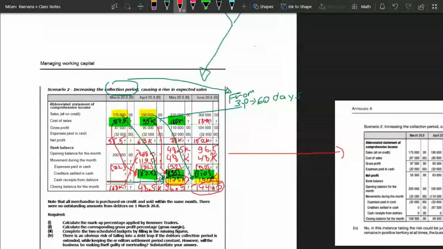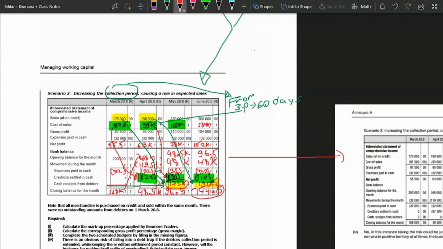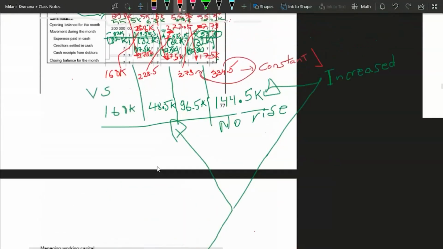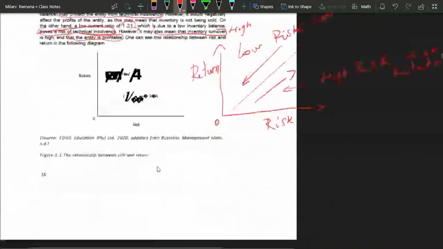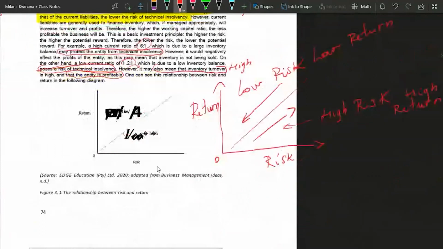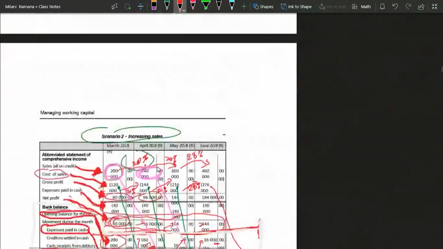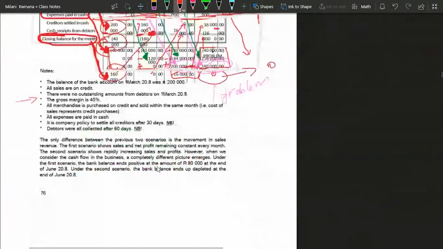Yes, I'm aware of that, because the question says that the debtors' collection period is extended to 60 days. So that's what changes. Yes, but the creditors, what is the creditors collection period? It's the cash receipts from debtors.